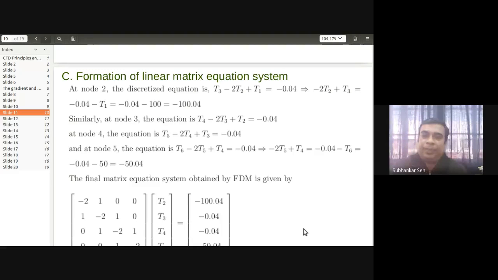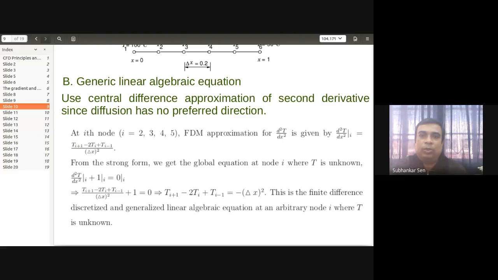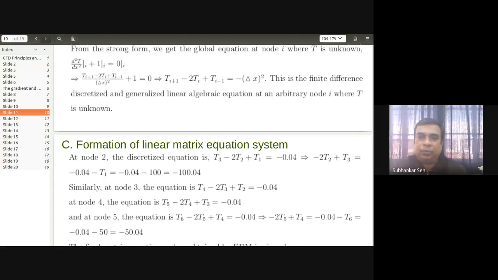Okay, let us see what we have done here. First we are putting I equals to 2, from this generic equation. This is becoming T3, this is becoming minus 2 T2, and this is becoming T1, and we know that delta x was 0.2, so it is becoming minus 0.04, and we already have this T1 coming from the boundary condition.